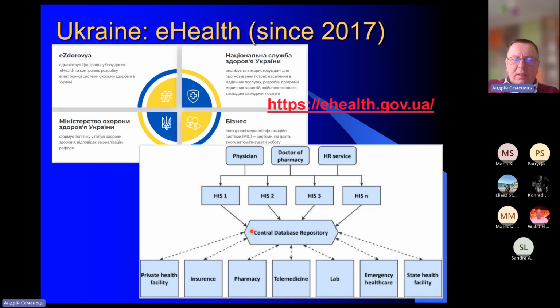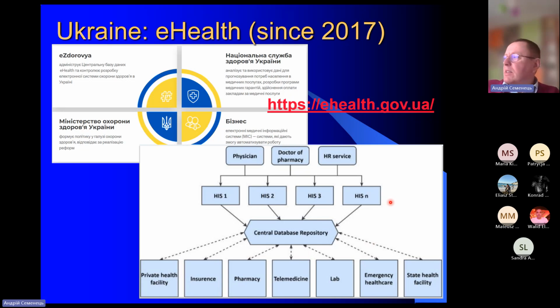Anyway, this nationwide system allows other hospital information systems to communicate with it, and through its database repository, information about a patient can be shared between different hospital information systems.